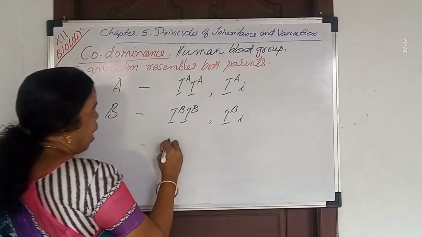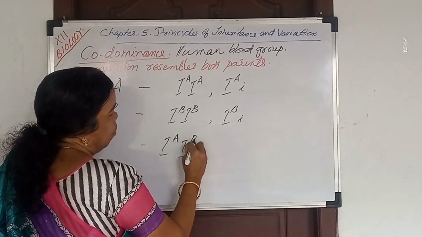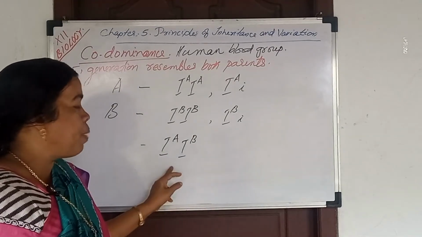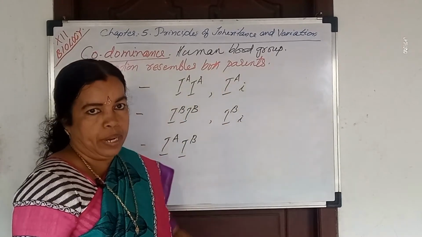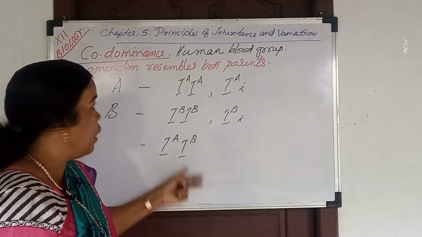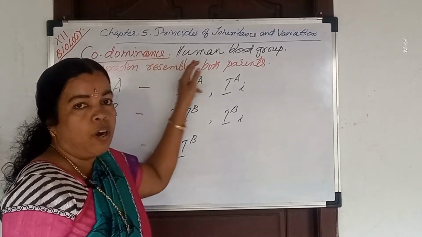Then when IA and IB dominant alleles come together, they both express. They are completely dominant over each other. Such a dominance is called codominance. That is, IA and IB come together, they completely dominate each other. That dominance is called codominance.